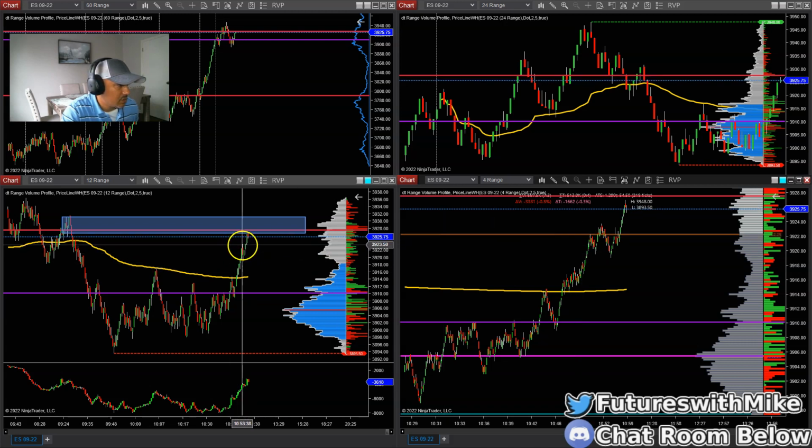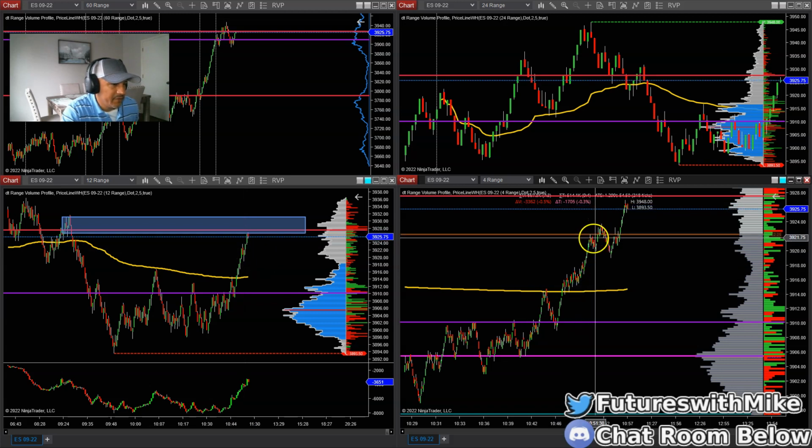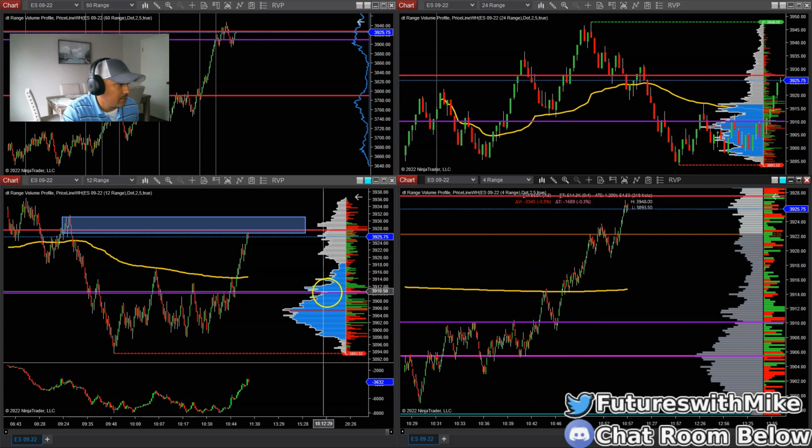There was a little short right here, but you gotta be careful because right below this has been. If you look in the full range right here, you would have had just a very slim, small area to trade from. Price is going to reject when it gets down here.